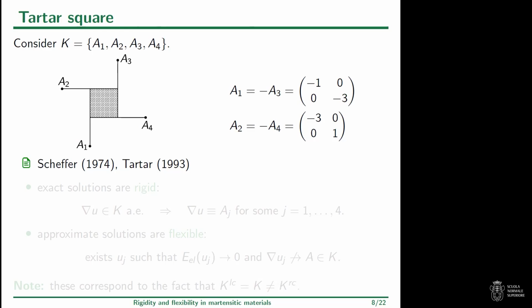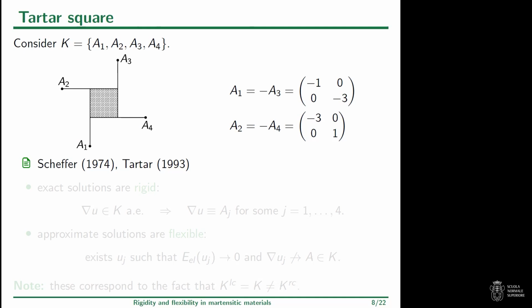Here we remove the SO(2) invariance to make things a little bit easier. So it's the set of 4 matrices, A1, A2, A3, A4. They're here, so we can draw the picture. The main feature of this set is that they are not rank-1 connected, because diagonal matrices are rank-1 connected only in the vertical and horizontal directions in this picture, in the plane of diagonal matrices.